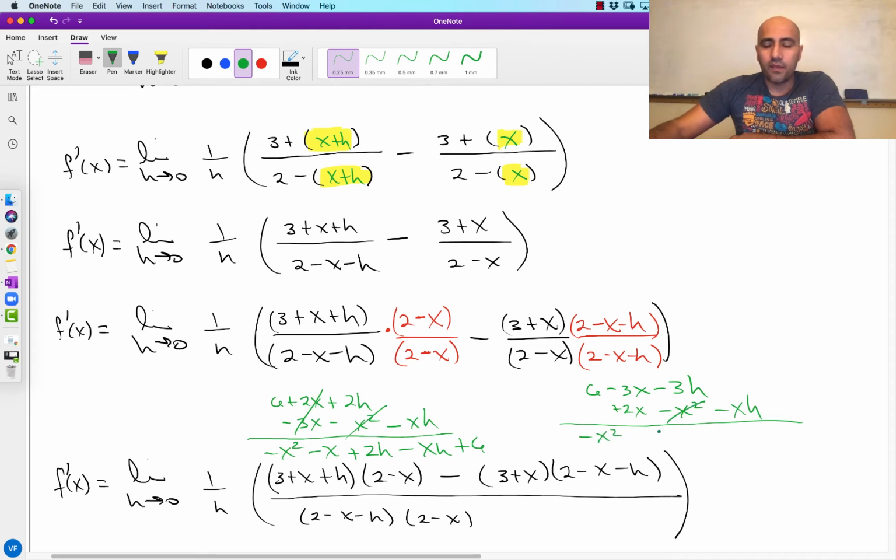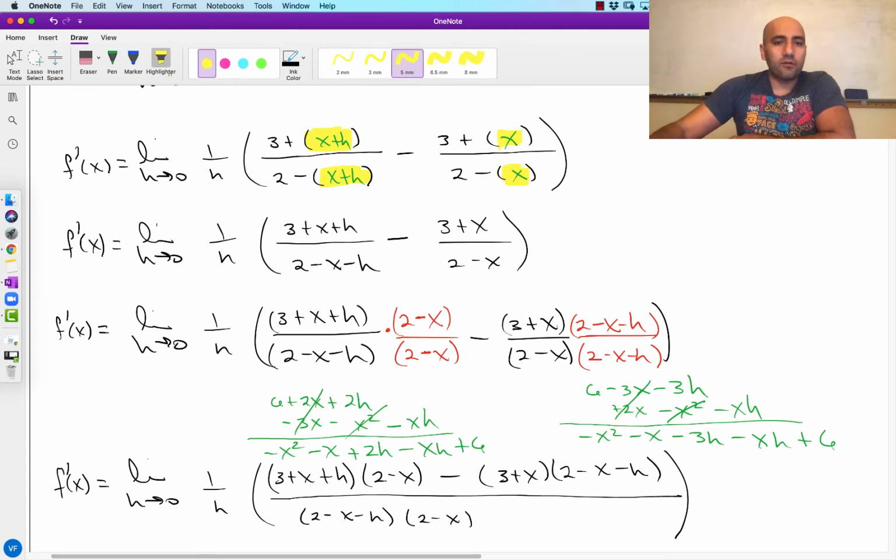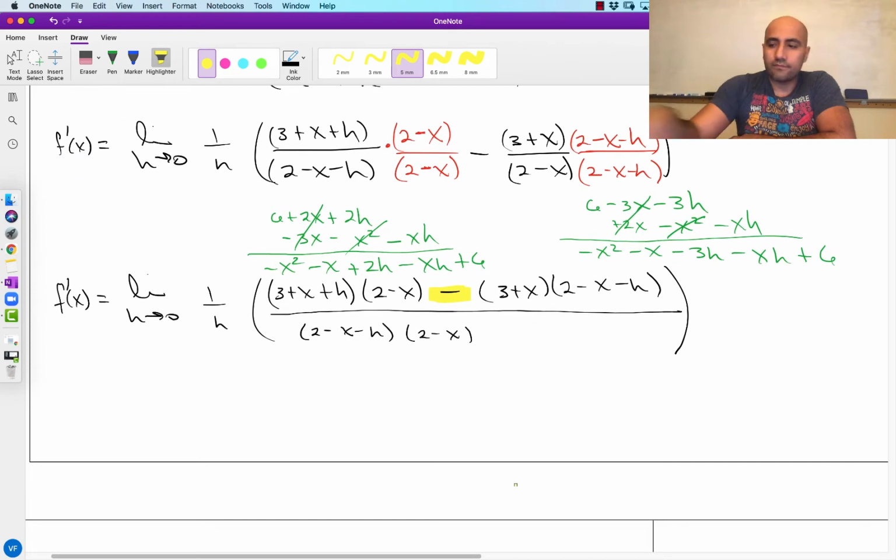Takes care of that. And then these two combine to give me a minus x. Takes care of that. Nothing else really combines, so I end up with a minus 3h minus xh plus 6. Okay, and that's how we FOIL these. Be real careful that this subtraction still applies to all of that over there. So let's be careful when we copy that down.